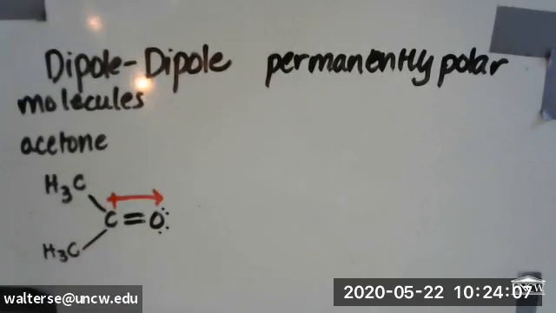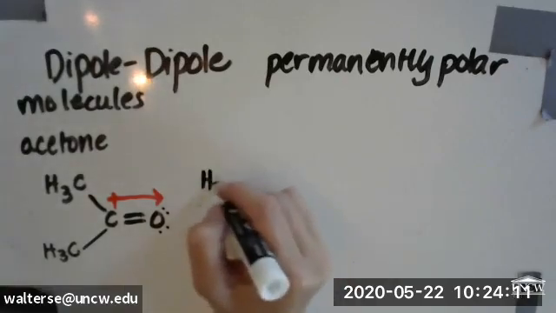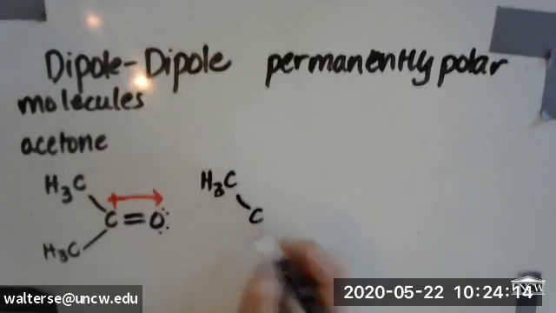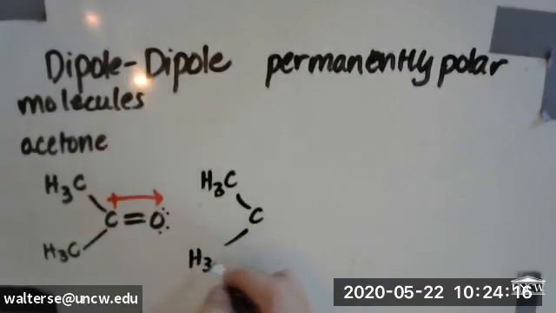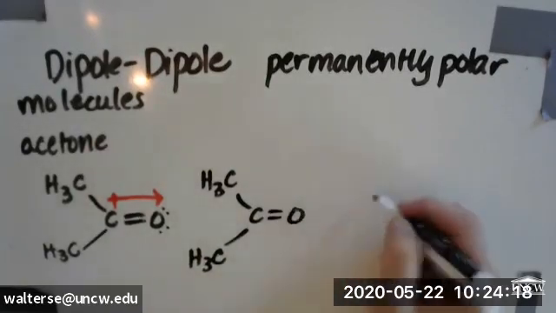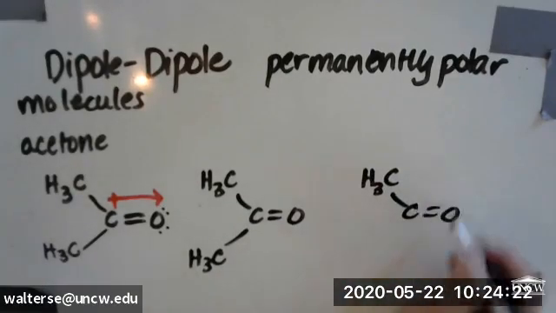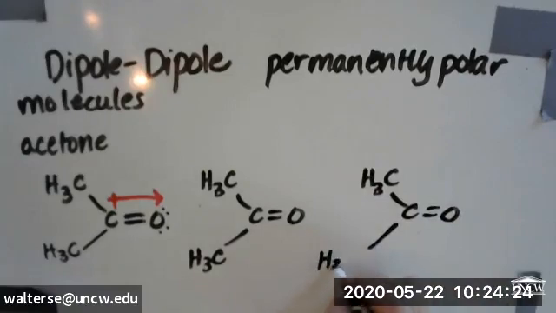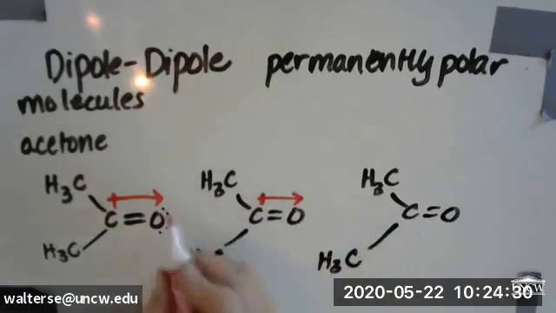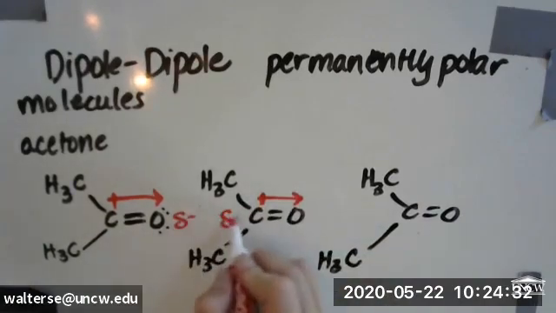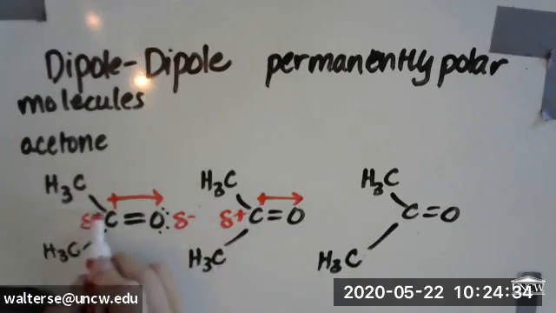So when you have a set of acetone molecules, they're going to line up so that the partially positive end of one molecule will see the partially negative end of the neighboring molecule. So this is partially negative, partially positive.